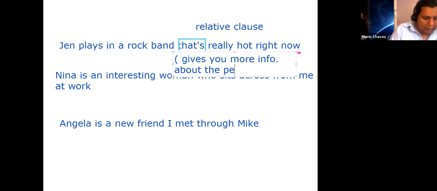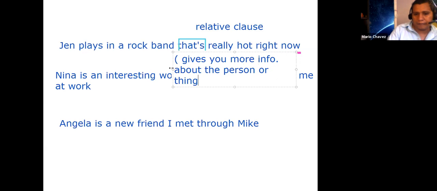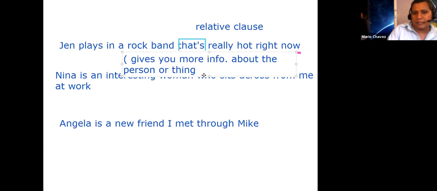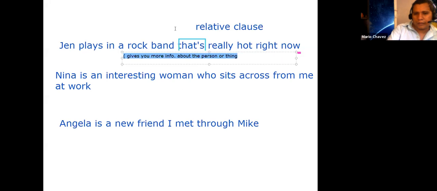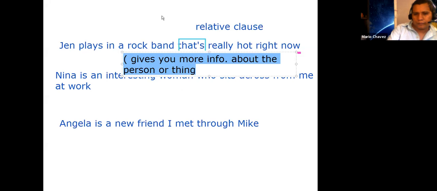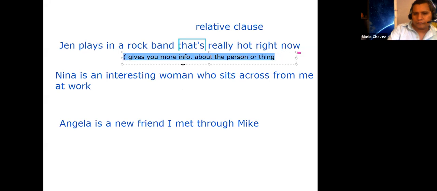That is a relative clause, okay? So a relative clause gives you more information about the person or band.